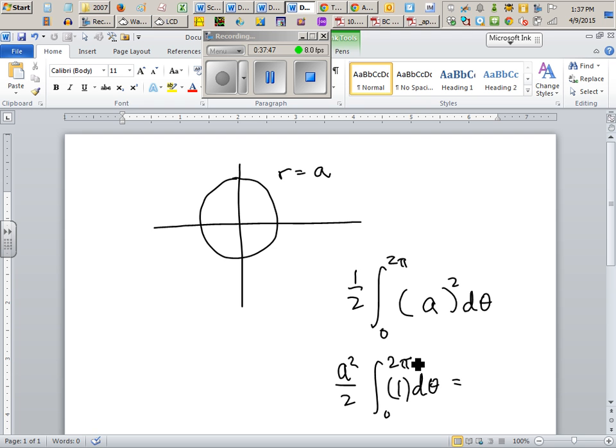What is the antiderivative of 1? Theta. There it is, pi a squared, the area of a circle. You plug in the 2 pi, and then you do a squared over 2 times 2 pi, pi a squared. The area of a circle has always been pi r squared, and finally on our last new lesson in high school math, we finally see why.